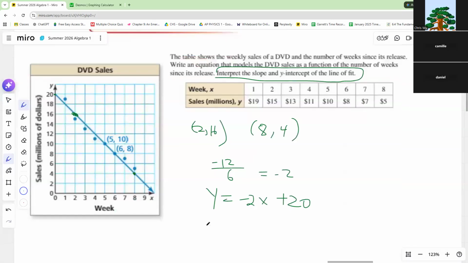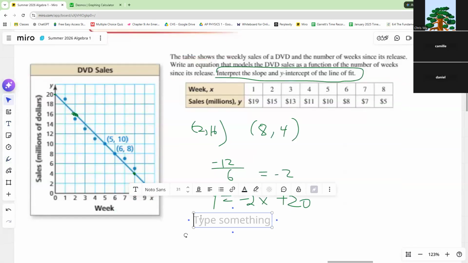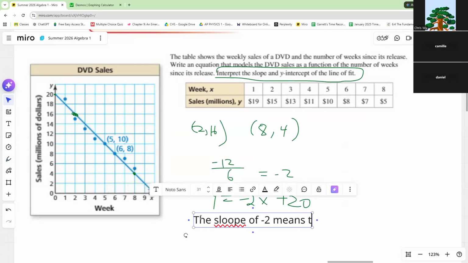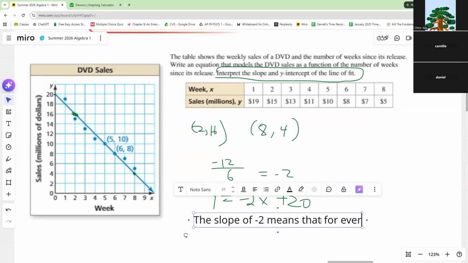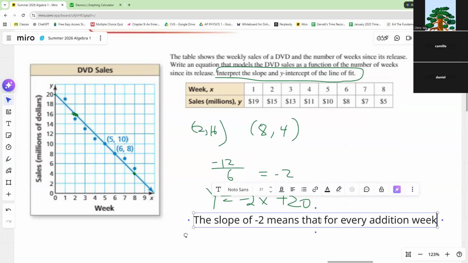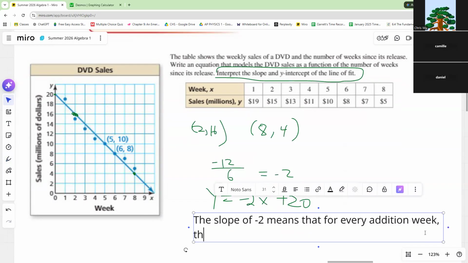So how do I interpret this then? What's the slope? The slope is negative 2. We can say the slope of negative 2 means, I cannot spell today, that for every additional week, every time I increase the week by 1, the sales decrease by $2 million, right?